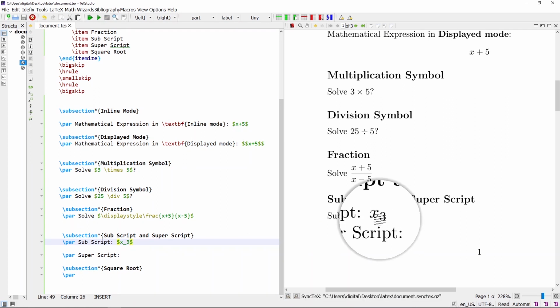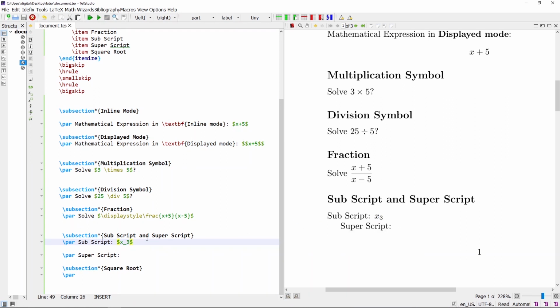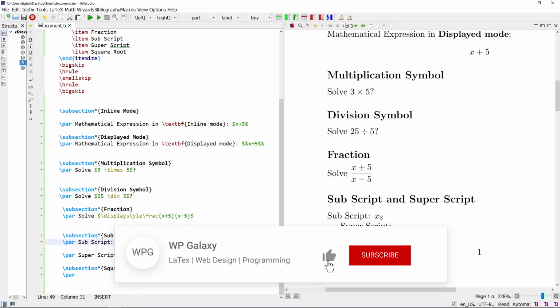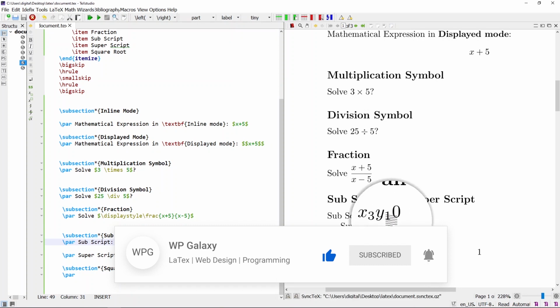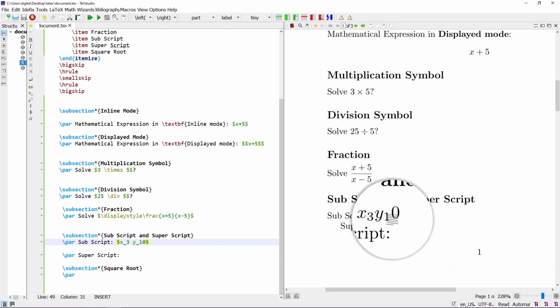Now 3 is coming in the base of the x. Similarly, to write 10 in the base of y, only the 1 is coming in the base and the 0 is not coming. To write the 10 in the base, enclose it in the curly brackets. Now the whole number is coming in the base of y.